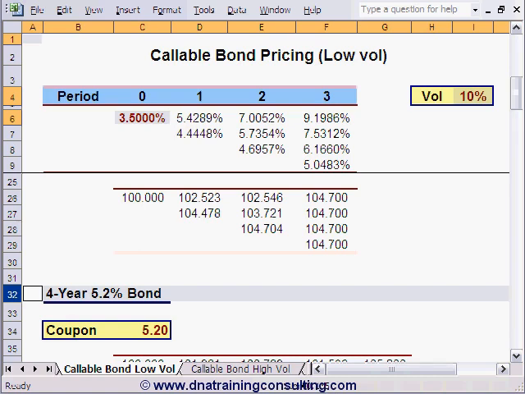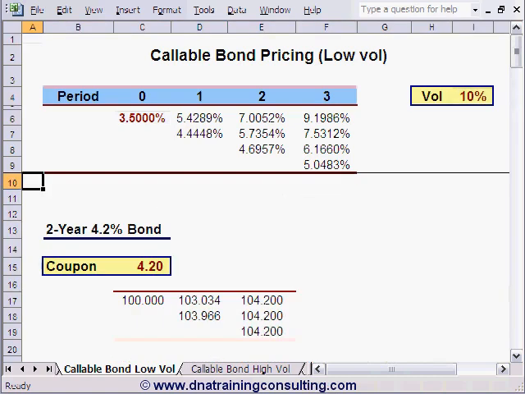And of course, the 1-year bond itself, being a discount security, therefore pays no coupon and yields its 3.5% return, visible in this cell C6, entirely via accretion from its discounted price to par.